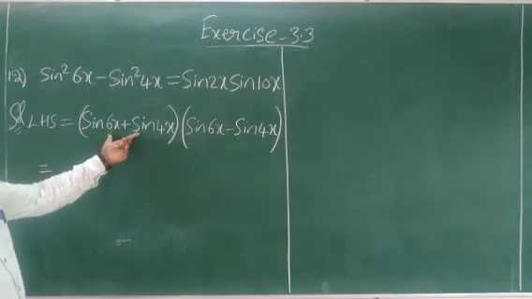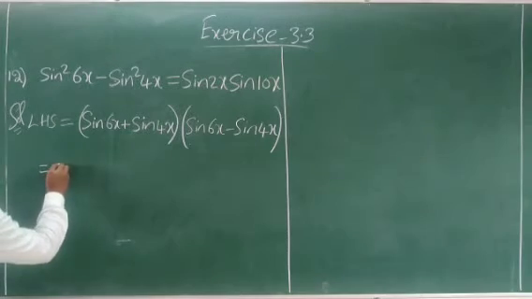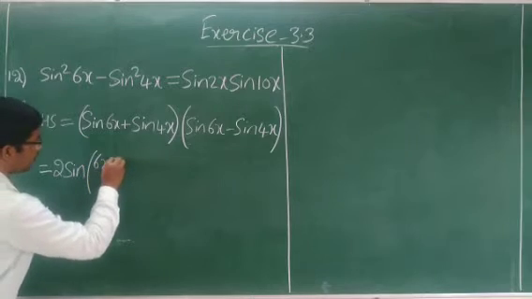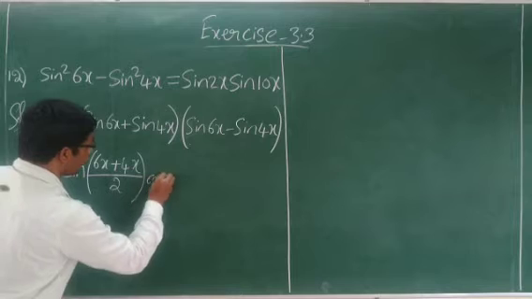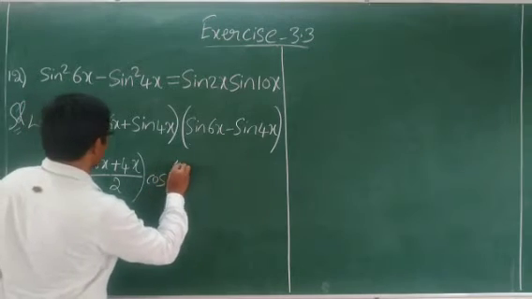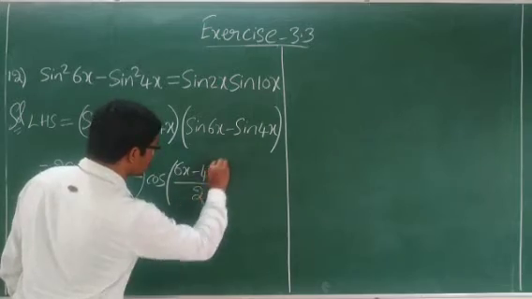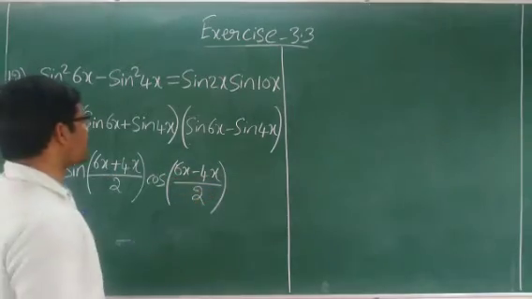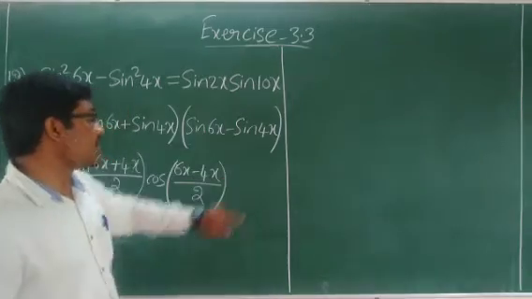Now this is in the form of sin x plus sin y. Sin x plus sin y is 2 sin of (x plus y) by 2 cos of (x minus y) by 2. Now again, this is sin x minus sin y.